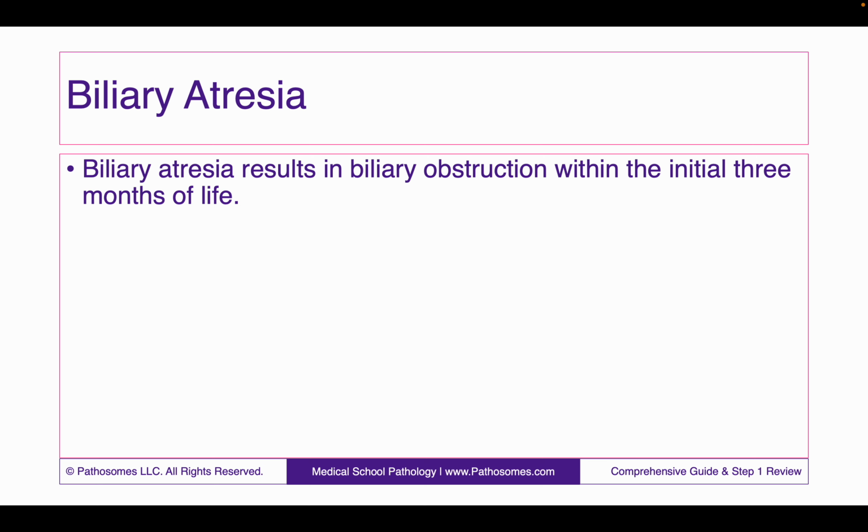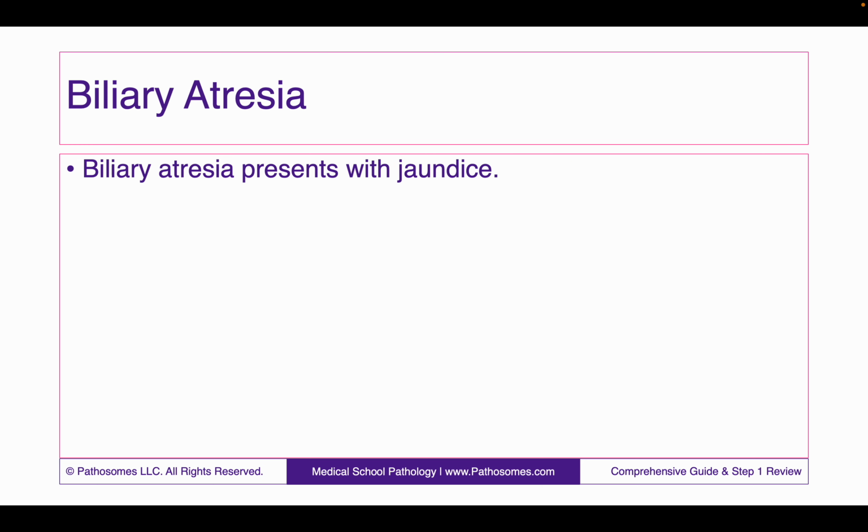Biliary atresia results in biliary obstruction within the initial 3 months of life. It presents with jaundice, and it may progress to cirrhosis.